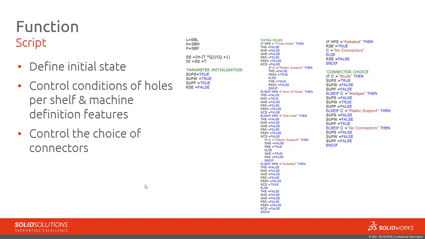So in terms of the functional code, what we've got to do is define the initial state, control those conditions of the holes per shelf and the machine definition features, as well as the choice of the connectors.